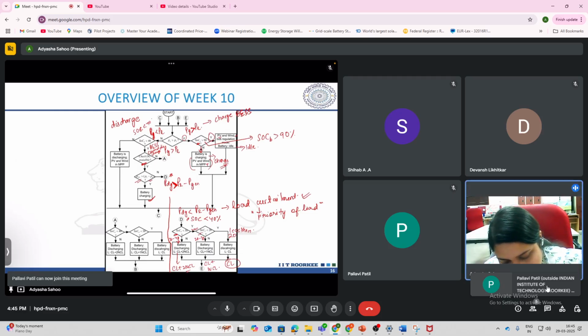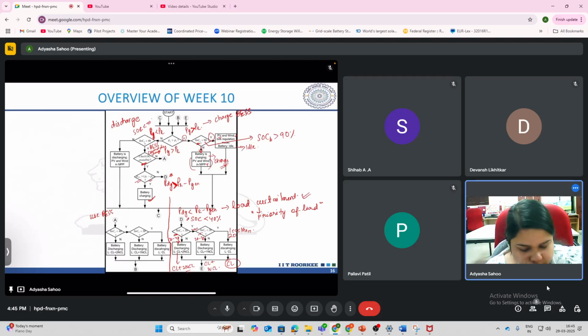You need to use the BESS to supply the load, and similar to the procedure in D, here also you check the SOC of the battery. If it is less than 40% but greater than 30%, then you supply the critical and non-critical loads. And if it is further less than 30%, then you only supply the critical loads.